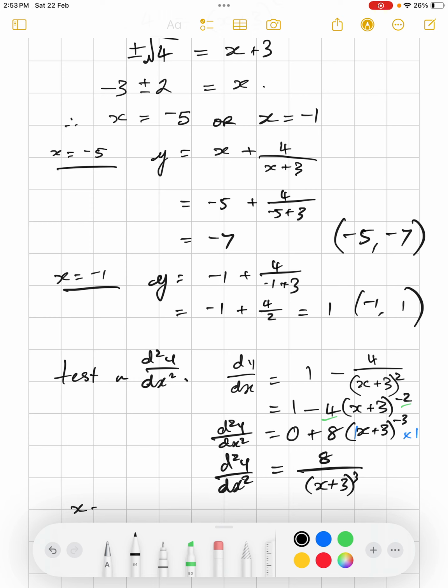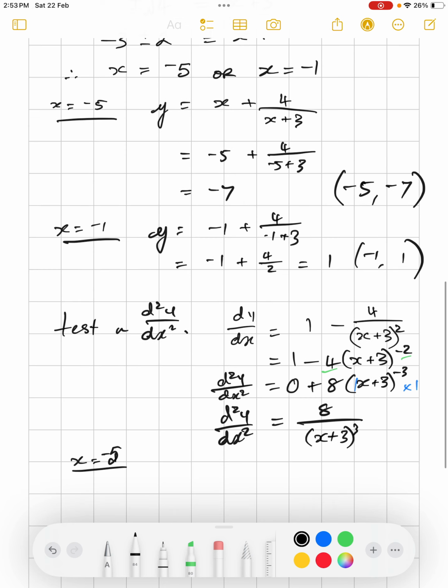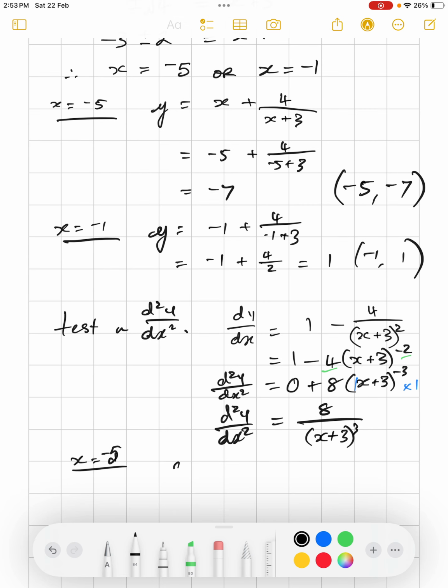So substitute negative 5 first. And what do we get? We get 8 over negative 5 plus 3 cubed, we get a negative 2 cubed, 8 over negative 2 cubed. So we get a negative 1. Negative means it's concave down, therefore it's a maximum at negative 5, negative 7.